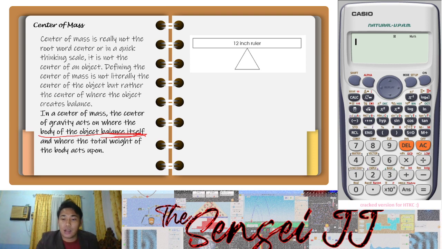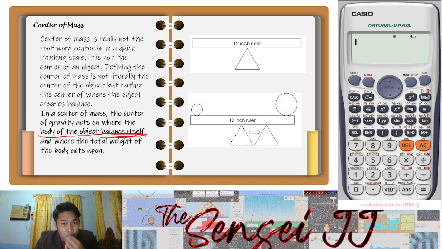So for example, let's say we have a 12-inch ruler that is balancing on a balance beam. The triangle is our balance beam, and it is horizontally balanced. And what if we put some weights on the ends? One small weight and a big one at the other end. Do you think it will be balanced?